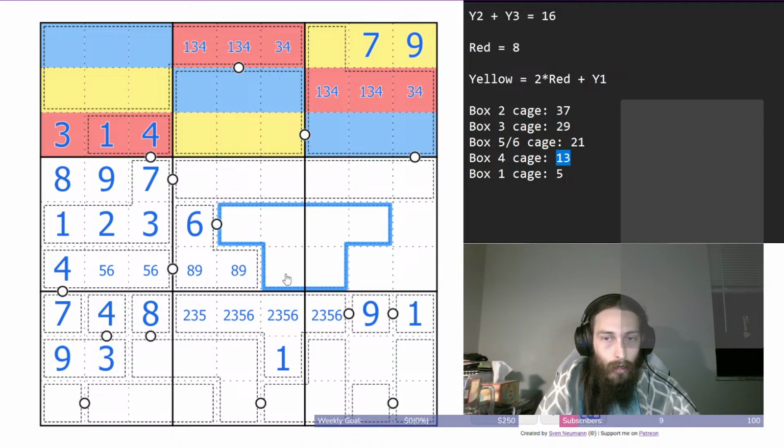And this is minimum 21, so it has to be 23 plus 8, which is 31. Yes. This is 21. This one is 16.